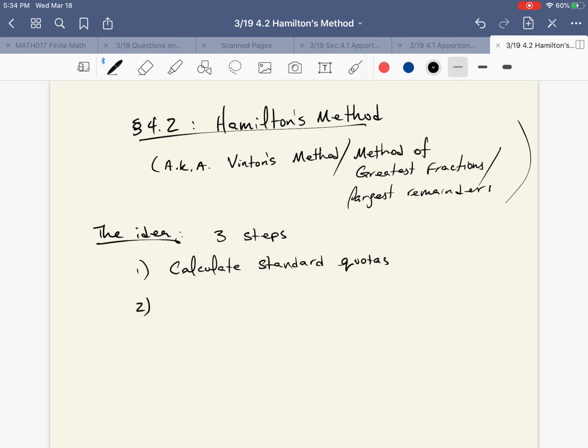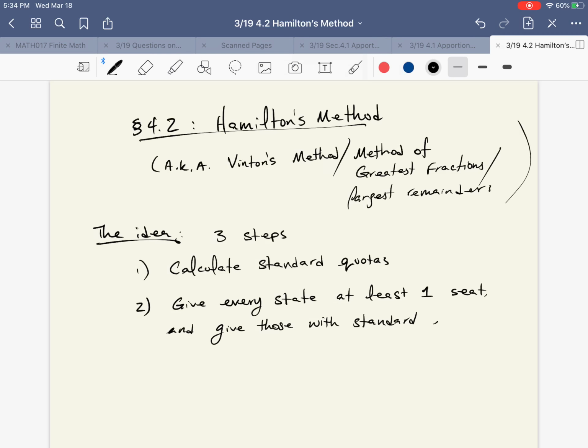The second thing we're going to do is give every state at least 1 seat, and give those with standard quota larger than 1 their lower quota.